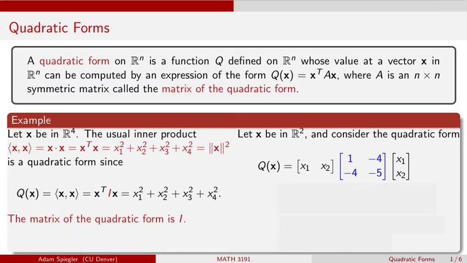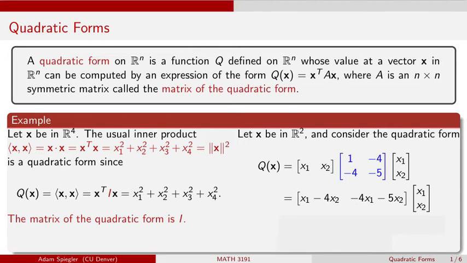And so notice this is a quadratic form because this matrix A is a symmetric matrix. The entries off of the main diagonal have this mirror image property. So if we go ahead and take the product of the transpose of x, the row x1, x2, times this 2 by 2 matrix, then what we get is a 1 by 2 matrix, a row vector back. The first entry is x1 minus 4x2, by taking x1 times 1, x2 times minus 4.